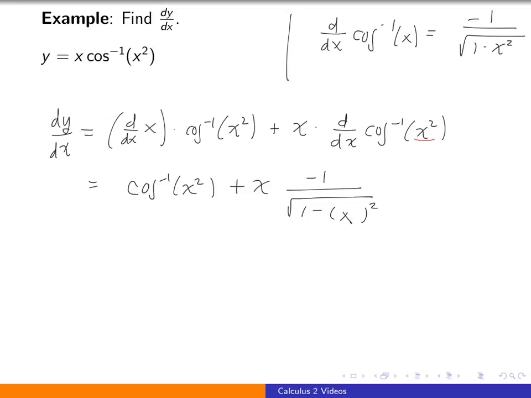We plug in the inside function x squared, and we multiply by its derivative. To simplify a smidge here, we have the inverse cosine of x squared plus x times minus 1 times 2x, which would be minus 2x squared, all divided by the square root of 1 minus x squared squared, which is x to the 4th.